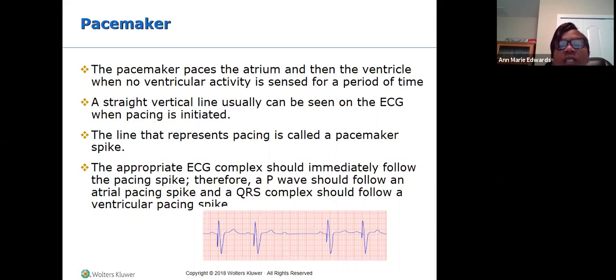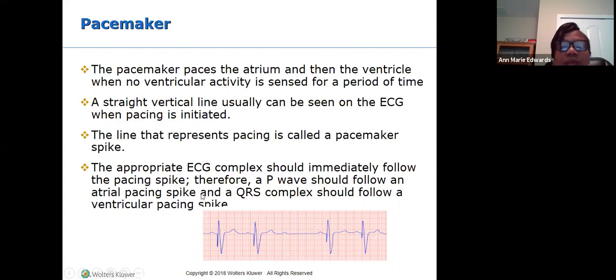A straight vertical line is usually seen on the ECG when pacing is initiated. So this is a straight line, and they call this a pacemaker spike. The appropriate ECG complex should immediately follow the pacing spike. So if you're pacing the ventricle, then you have the spike and then the QRS complex.